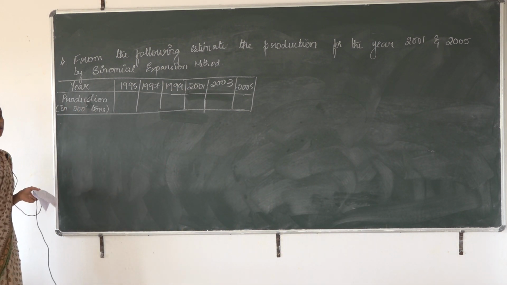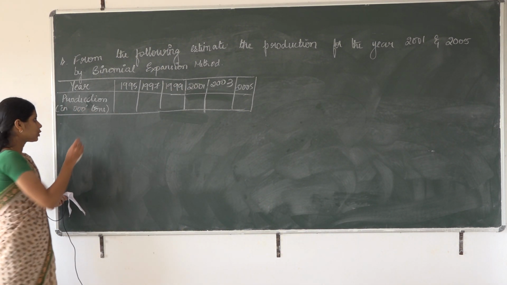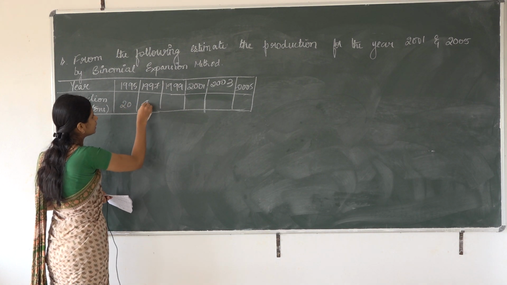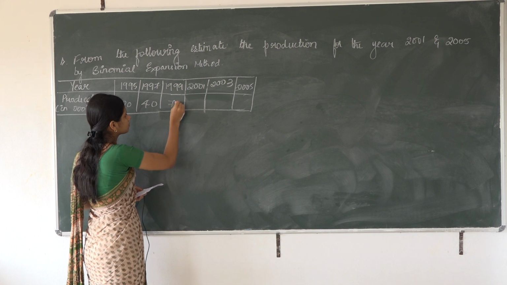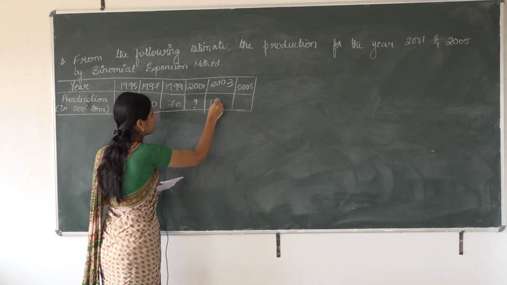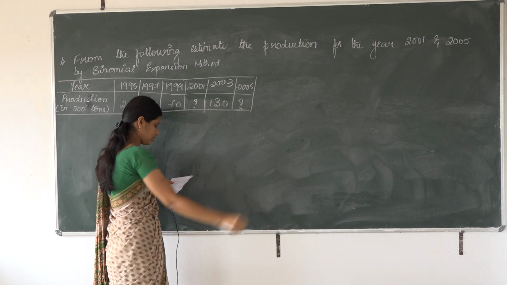Now the values of production are 20, 40, 70, dash, 130 and dash.